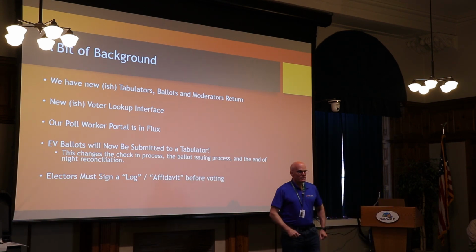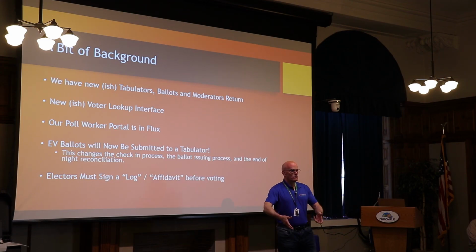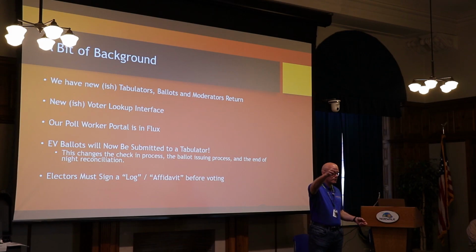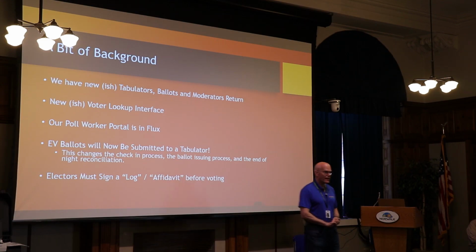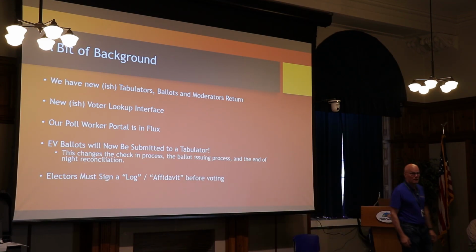So the ballot is issued and returned at the same time in the CVRS, and then the tabulator actually registers that there is an anonymous ballot issued, brought back. I'll go into some details there.